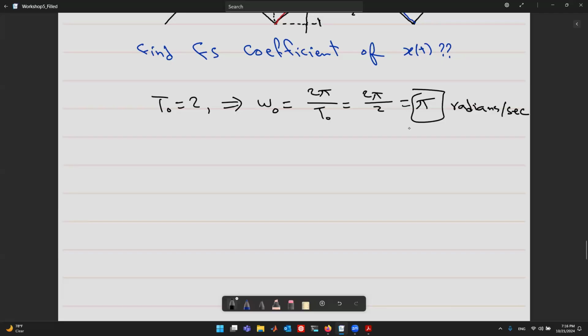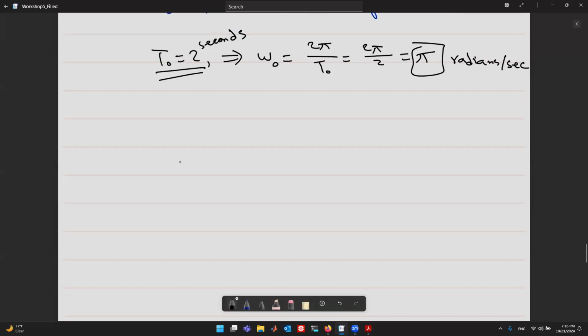If it rotates by pi radians every second, then to rotate the 360 degrees, or 2 pi, means 2 seconds, which is the period. So it needs 2 seconds to complete a rotation around the circle. And the speed is pi radians per second.